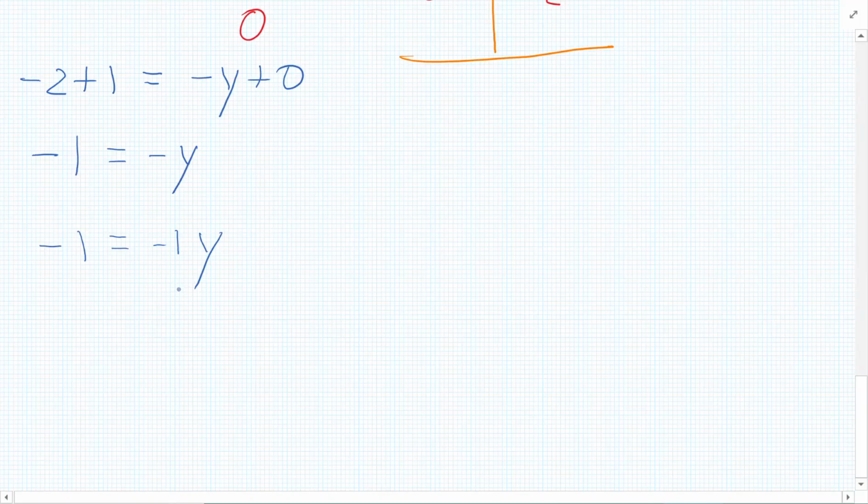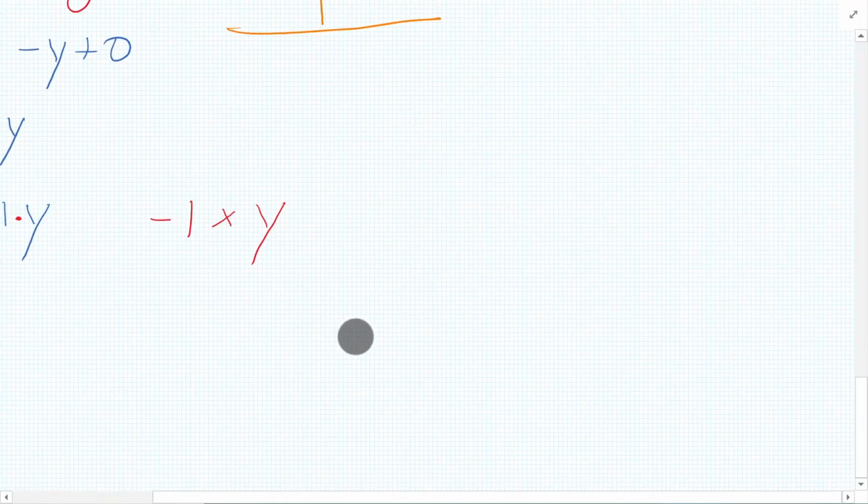That'll get y by itself. We can't add 1 to get y by itself. That doesn't work, because this is negative 1 times y. Okay, I'm going to put a little dot here to remind you. That's negative 1 times y.